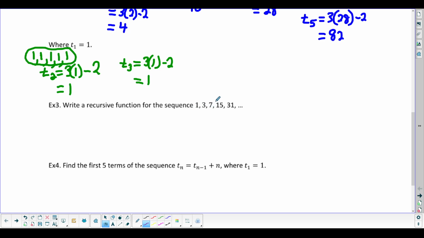Sometimes it's easier to look at some of the bigger numbers. So let's go from 3 to 7. Well, I could triple it and subtract 2. And if that works, it has to work for the next one. Triple 7 would be 21, minus 2 is 19, and that doesn't work.